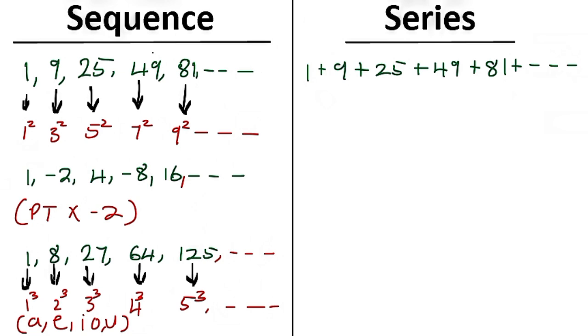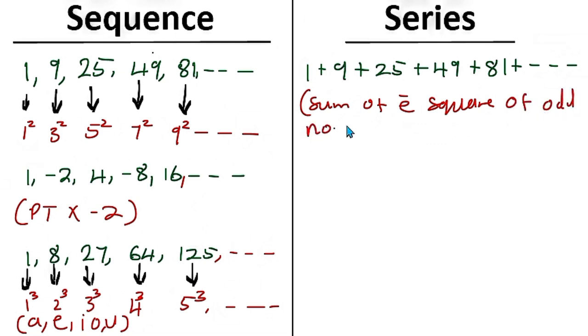In this case, we can say it is the sum of the squares of odd numbers.